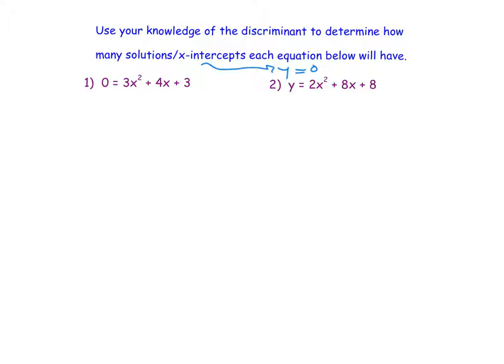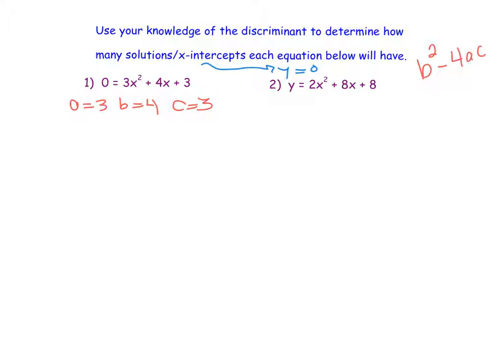So we're not going to solve the quadratic equation all the way through. All we're going to do is focus in on the discriminant, that b squared minus 4 times a times c. So if we do this here, let's say a is equal to 3, b is equal to 4, and c is also equal to 3. So let's use the discriminant to help us. And I'm going to write out the quadratic equation.